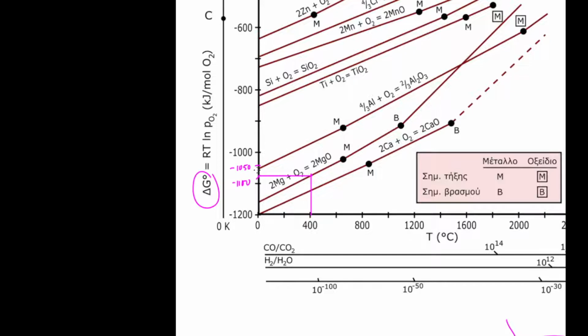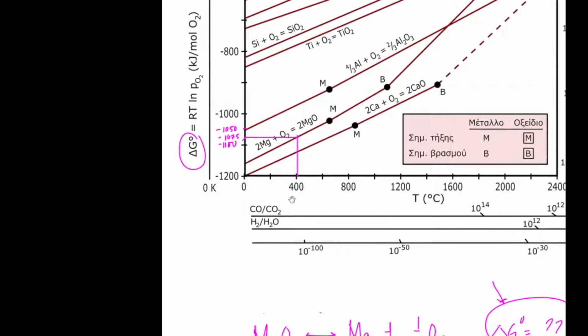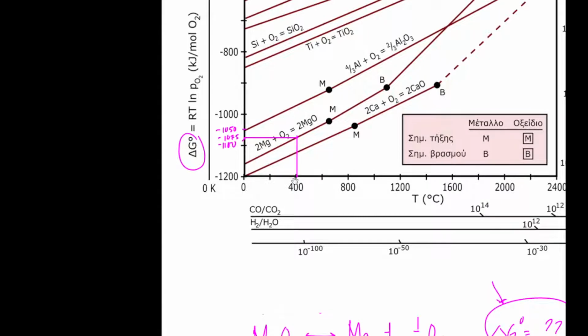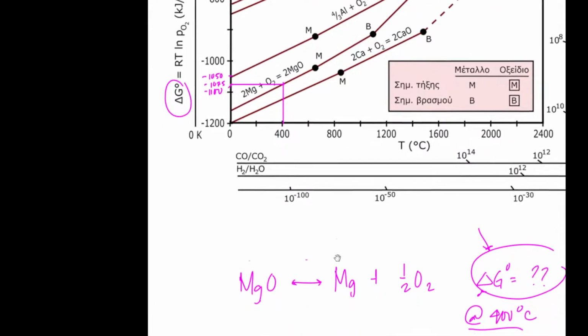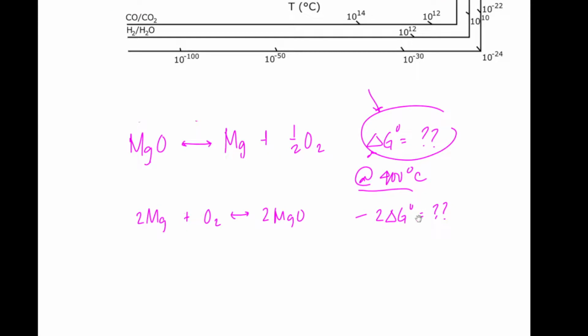So this is around, what would you say? 1080, 1075. Baka mga ganun, no? So that is negative 1075 kilojoules per mole. So yun yung nakuha natin.